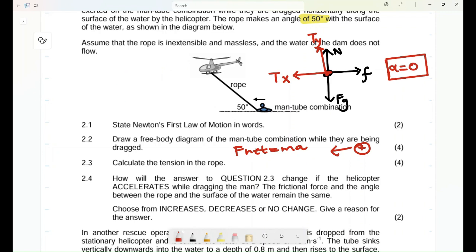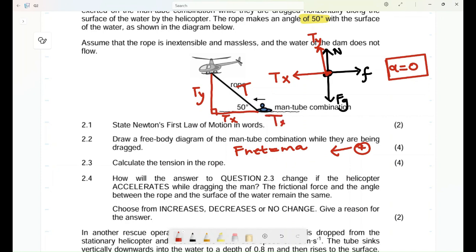Now, what is my F net? So it's going to be Tx, but I want you to see something here. This is Ty, this is Tx. Can you see that? This is T, tension or rope. Now, if I want Tx, Tx will be adjacent divided by hypotenuse.